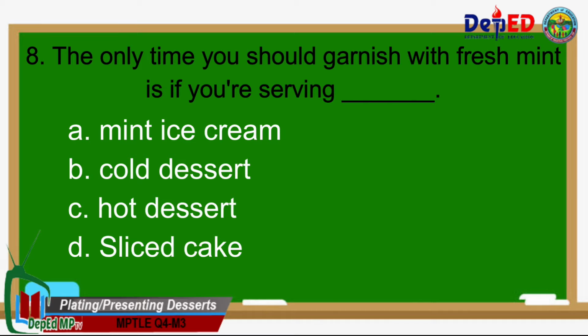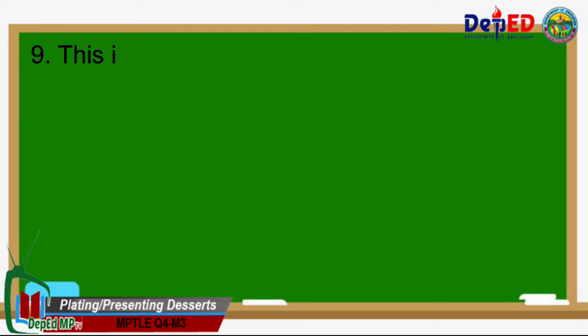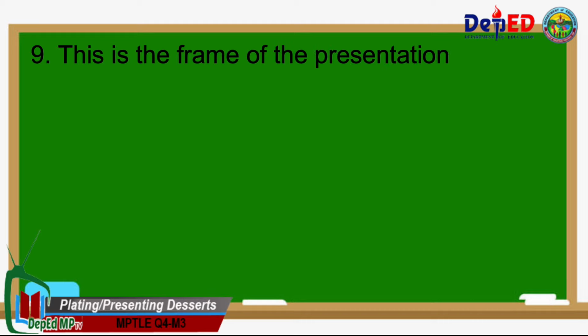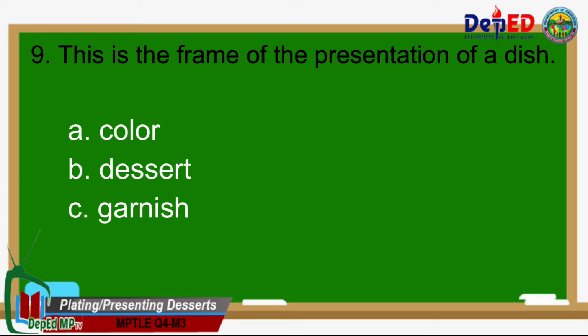The correct answer is letter A. Mint ice cream. Number 9. This is the frame of the presentation of a dish. Letter A. Color. Letter B. Dessert. Letter C. Garnish. And letter D. Plate. The correct answer is letter D.